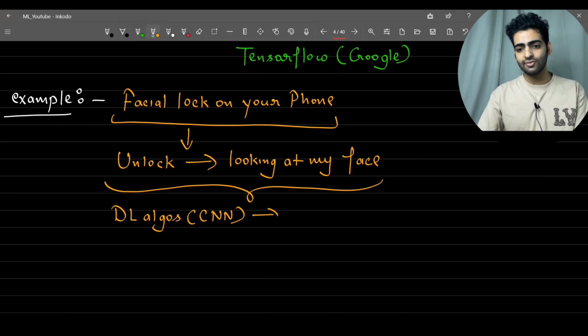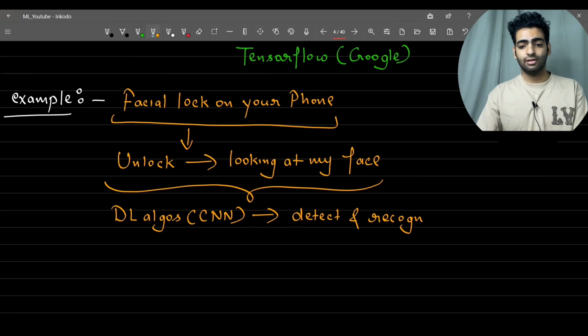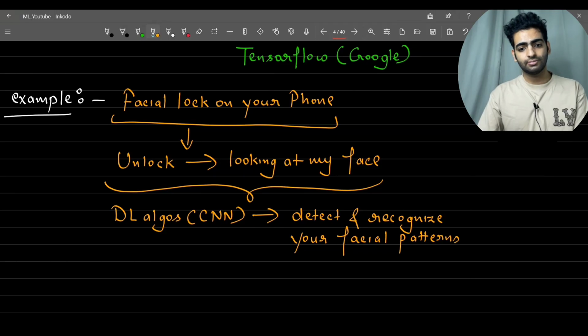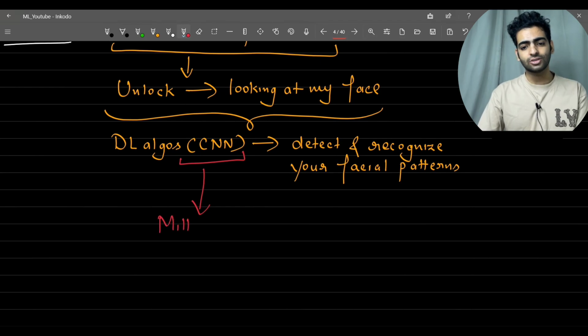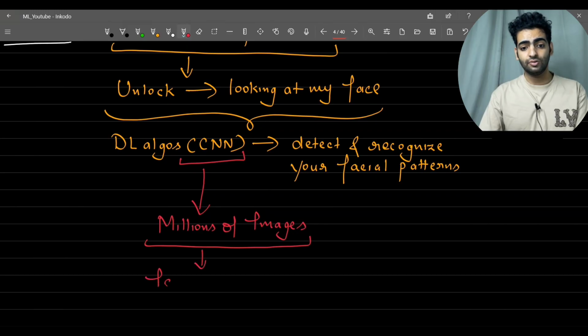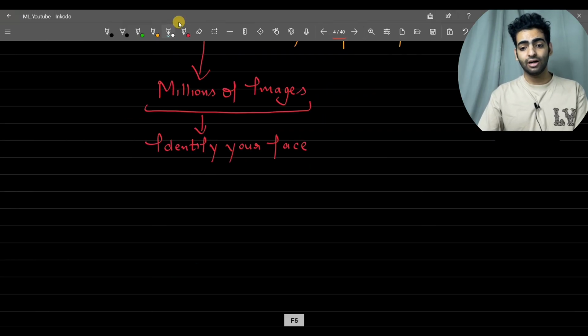This CNN will detect and recognize your facial patterns. The CNN available inside your phone software has been trained on millions of images. That's why it is able to identify your face, because it has already been trained on a huge amount of data.